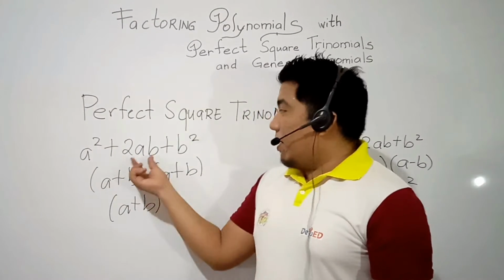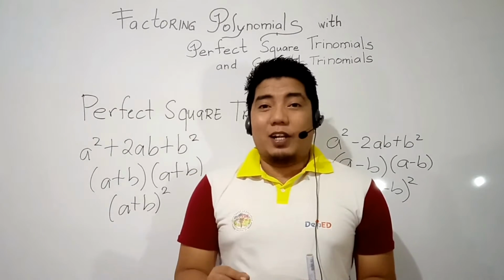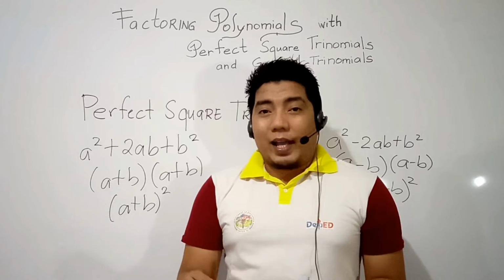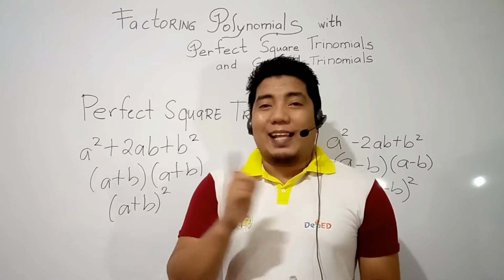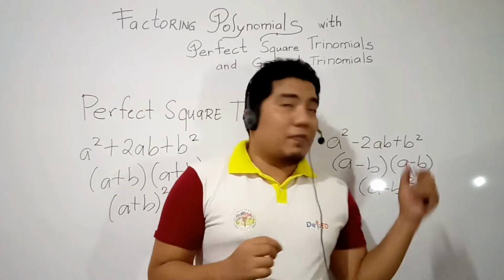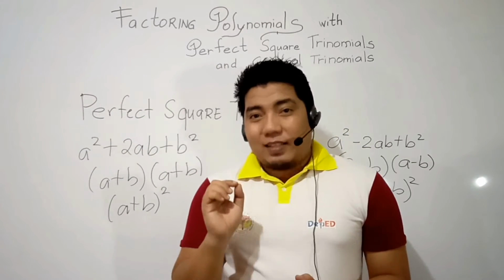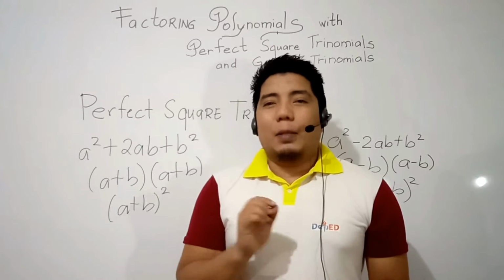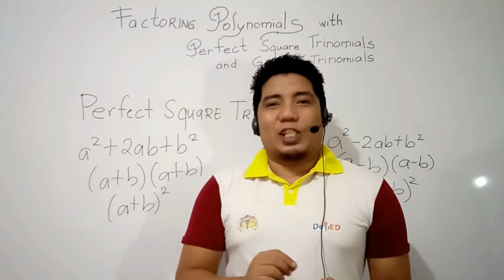And then, the middle term is either positive or negative, but it is twice the product of the first and the last term. Again, it may be positive or negative, but the value is twice the product of the first and the last term.